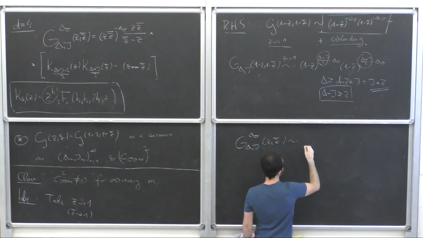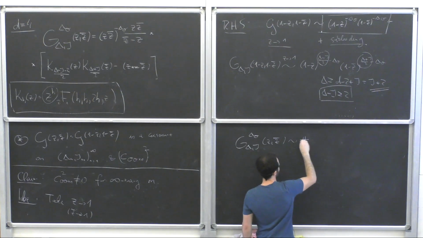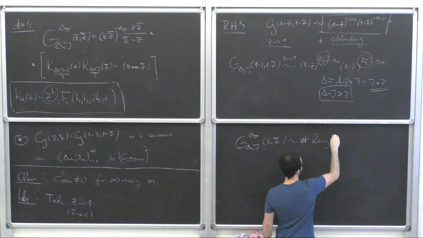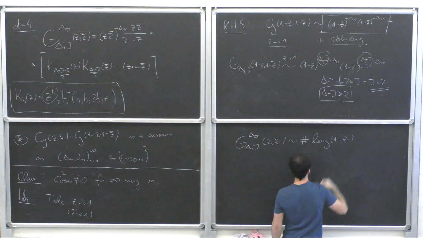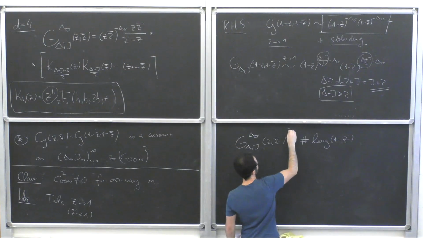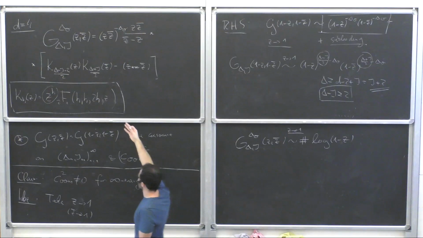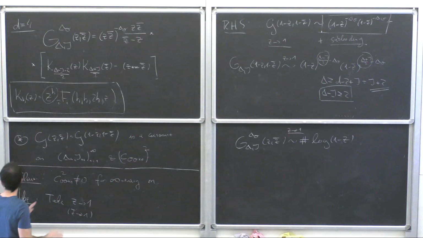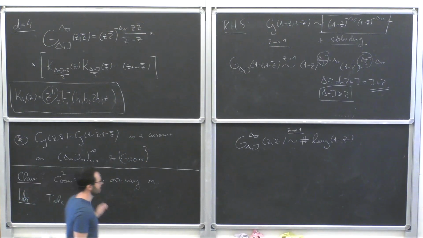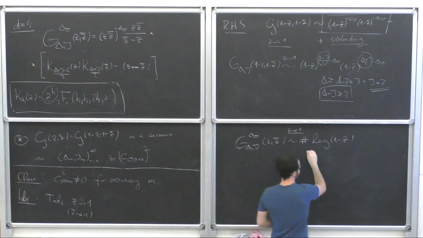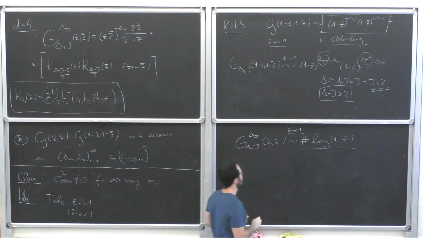So this goes like some logarithm. Okay, so it only goes like a logarithm of z, basically, as z goes to 1. I could just implement this in Mathematica and show you, but I don't really want to do it in the interest of time. So you can check it yourself. I have the formula over there.